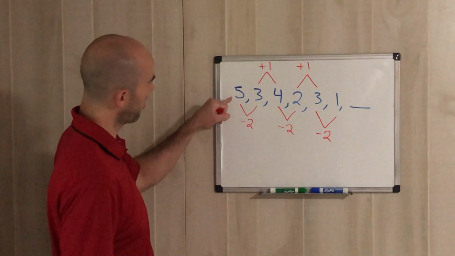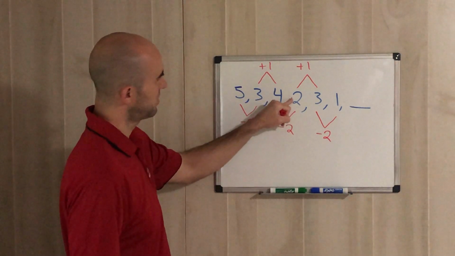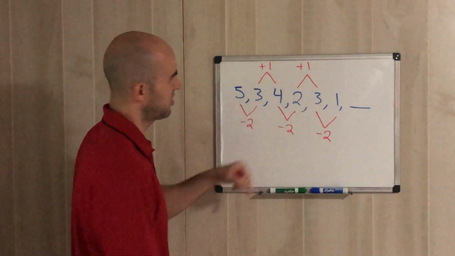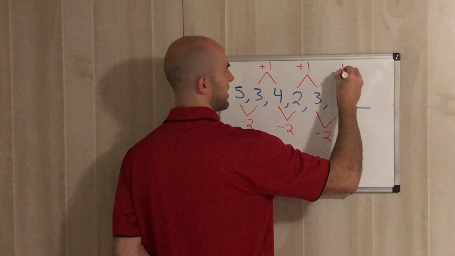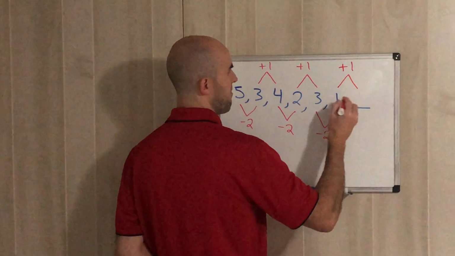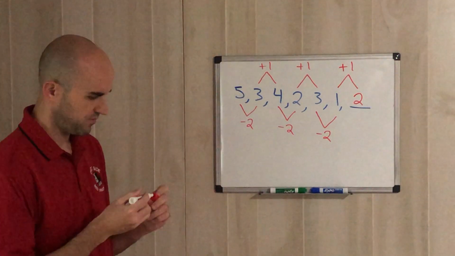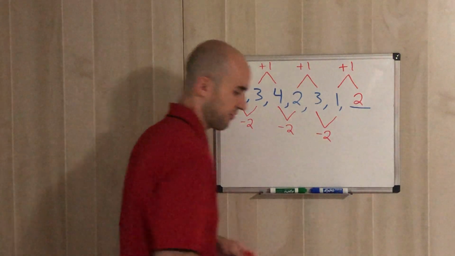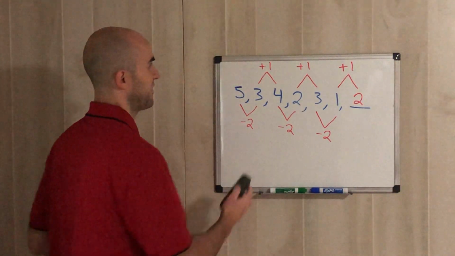We're seeing that it goes minus 2, plus 1, minus 2, plus 1, minus 2. So over here, based on an observation, we know that it's going to be plus 1, right? Which would end up making 1 plus 1 be 2. Again, all just examples of inductive reasoning, guys. Just trying to figure out what's going to happen based on observations.